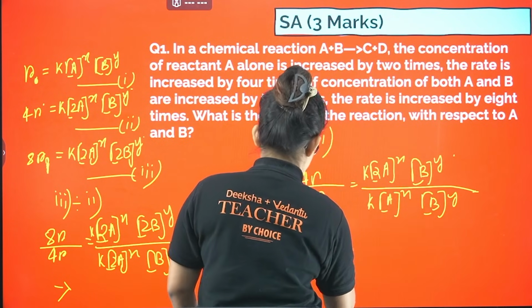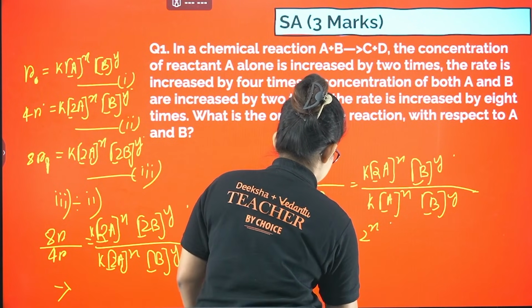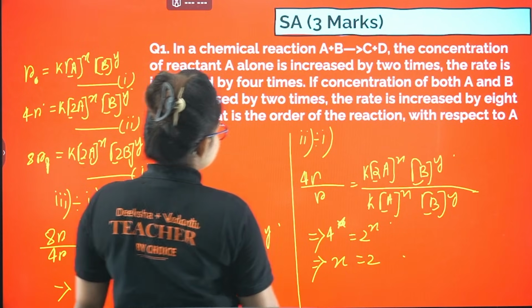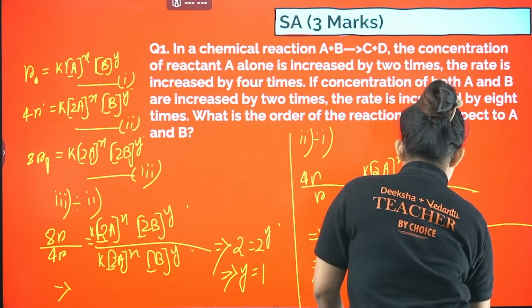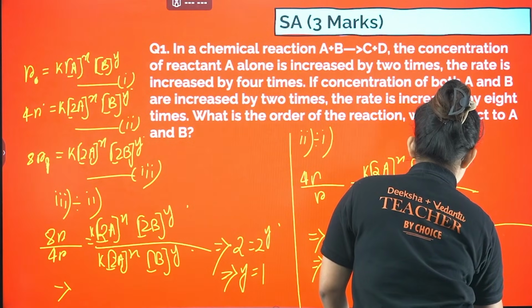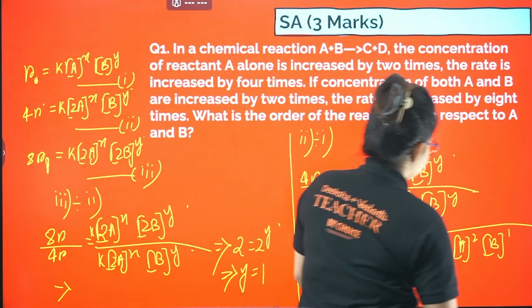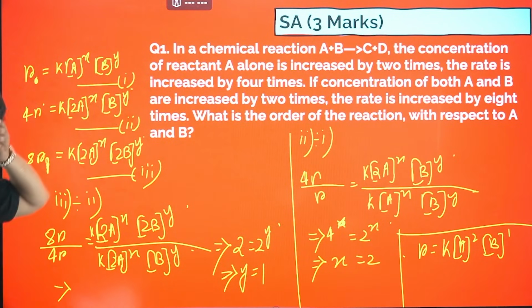From here I am getting 4 equals 2 power X, so I can write X equals 2, right. So overall, if I want to write further, R equals K into A power 2 B power 1. It is second order with respect to A and first order with respect to B. I guess this is clear to you.